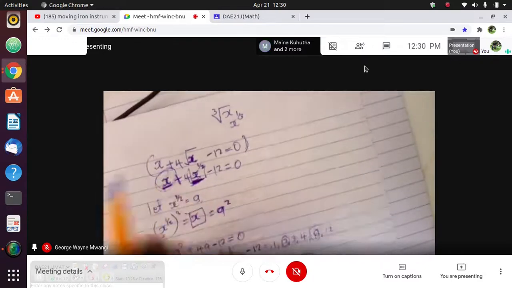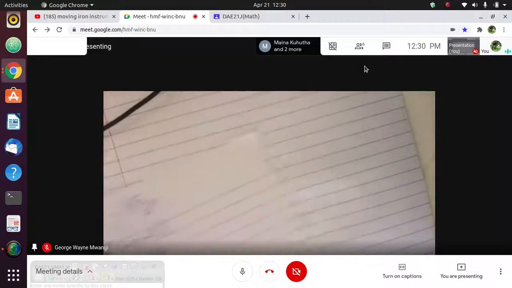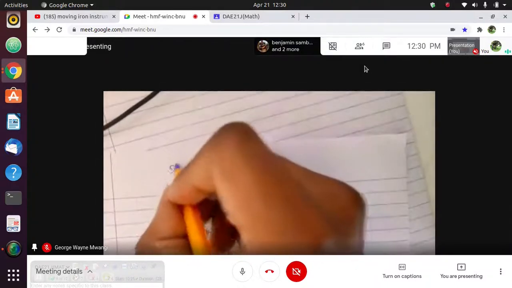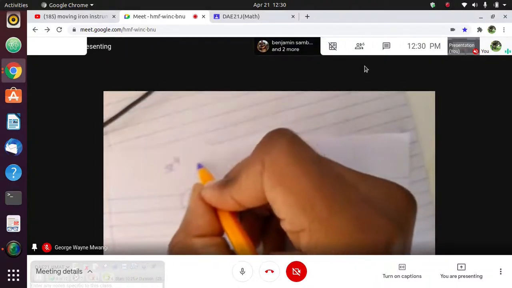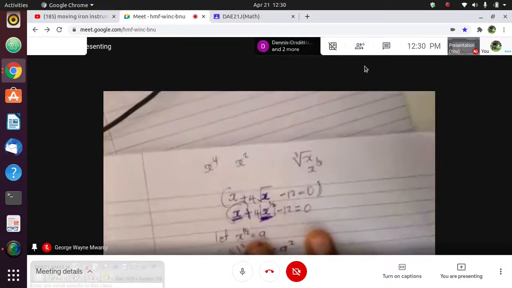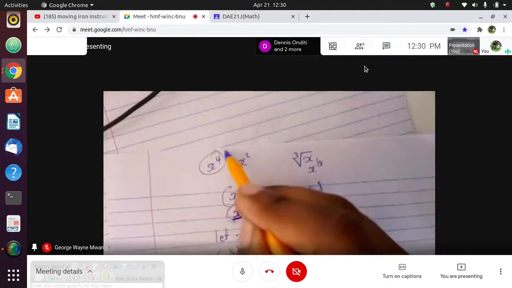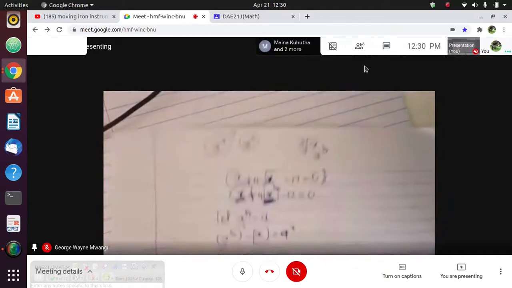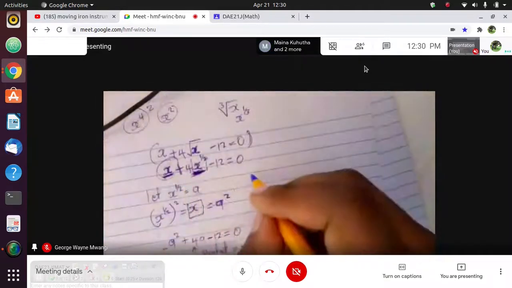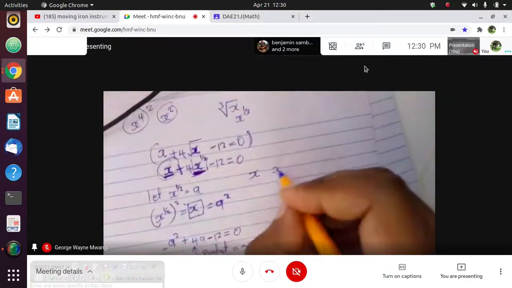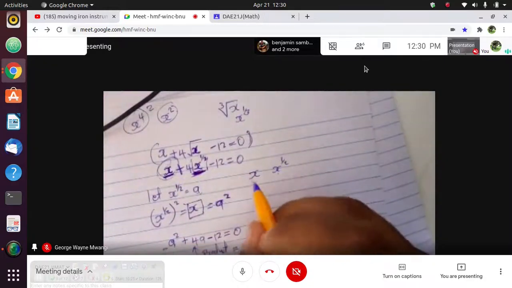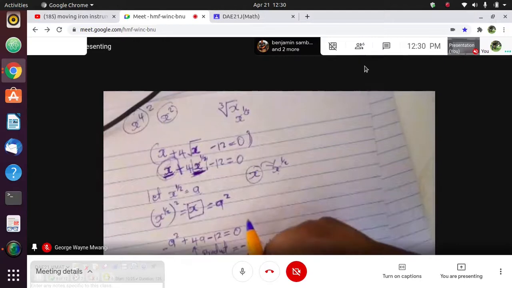I don't know if you have been seeing that trend. In the first example that we did, we had x raised power 4, and the second variable was x squared. The second example that we did, we had x, and we had the square root of x. x is the square of x raised power half. Are you together?